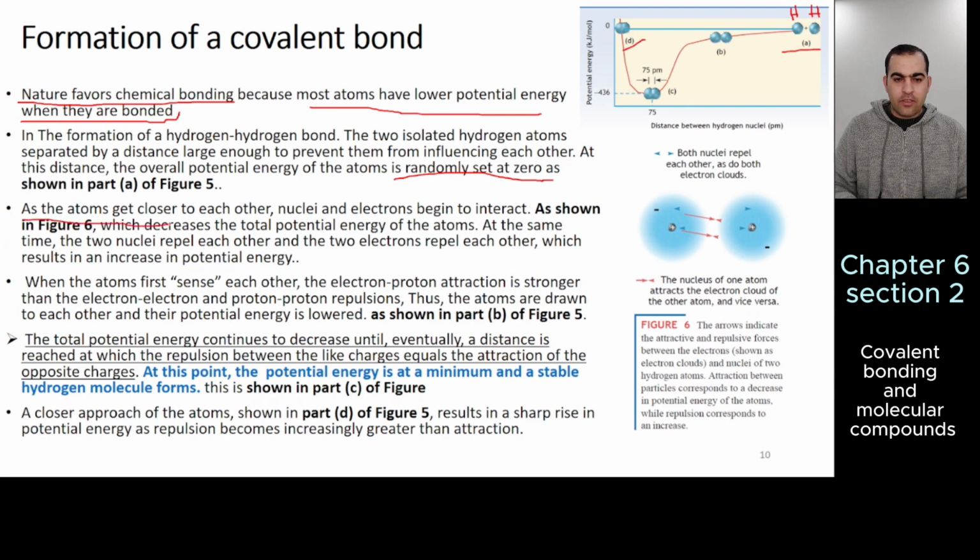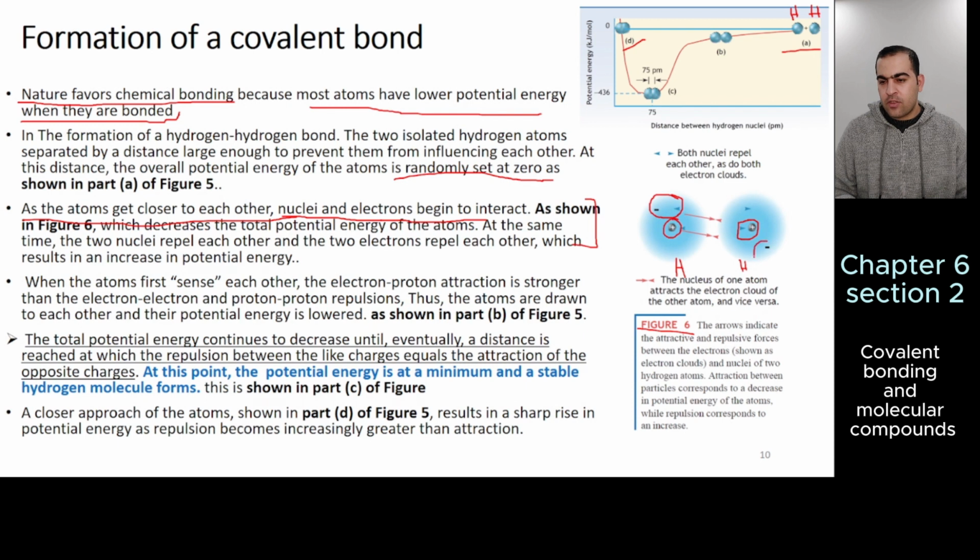What happens when they get closer? Nuclei and electrons begin to interact. Look at this figure. This paragraph is about figure 6. This is two hydrogen atoms. When they first get closer, between nuclei and valence electrons, what do we have? We have attraction.